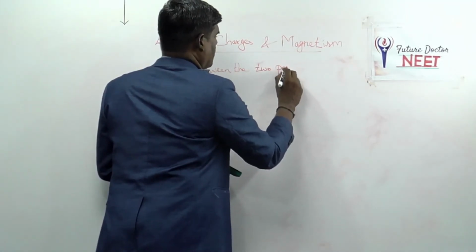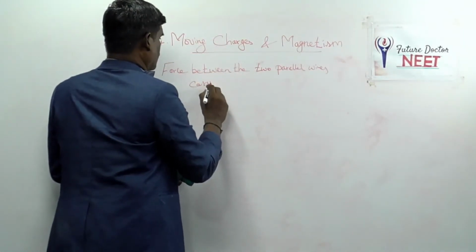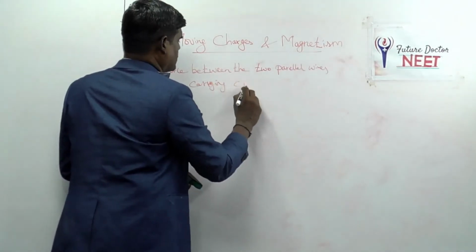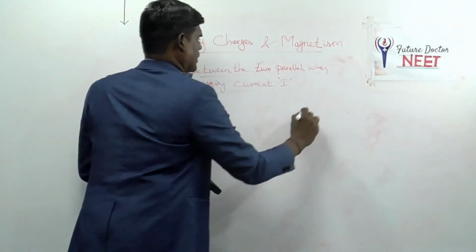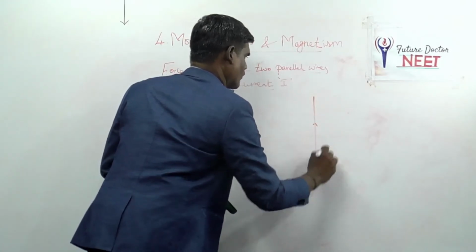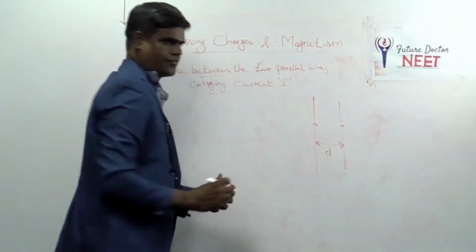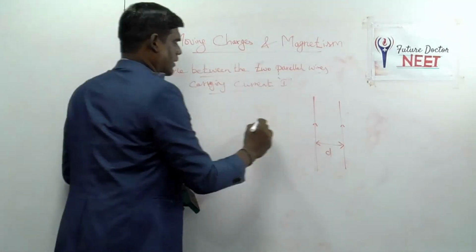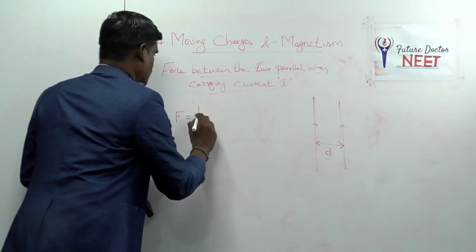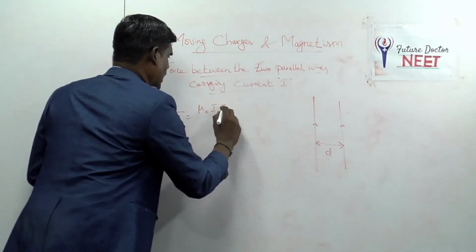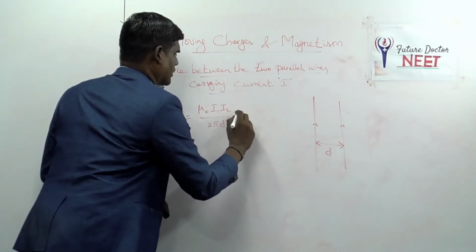Two parallel wires carrying current I. That is two wires, which are at distance d. Okay, and there may be a force. That force is F equal to mu naught I1 I2 divided by 2 pi d into L.